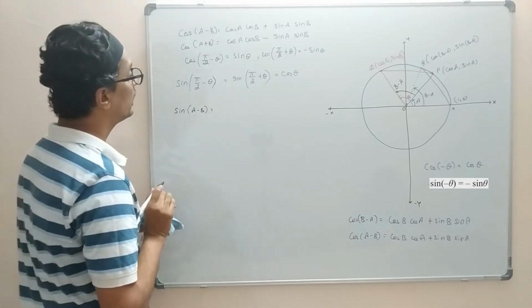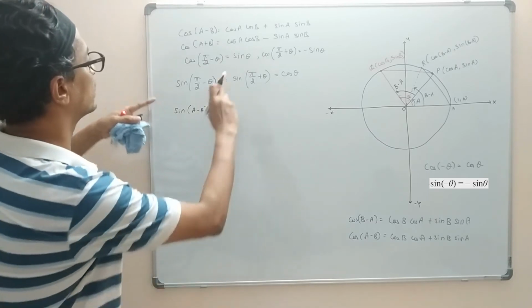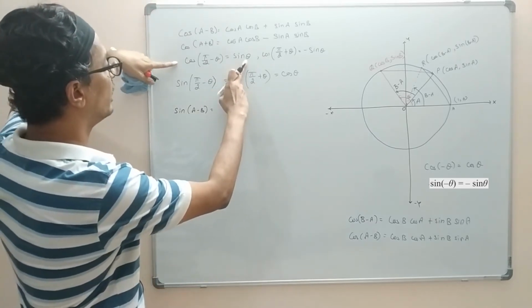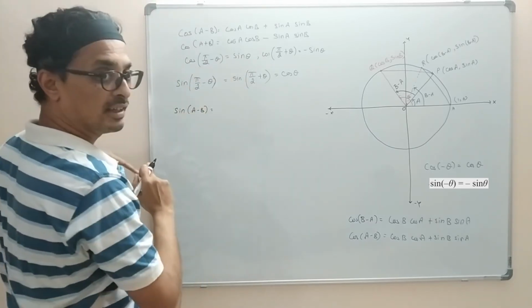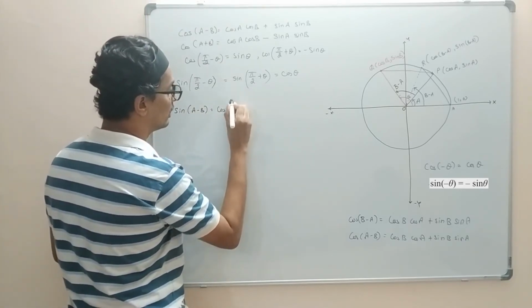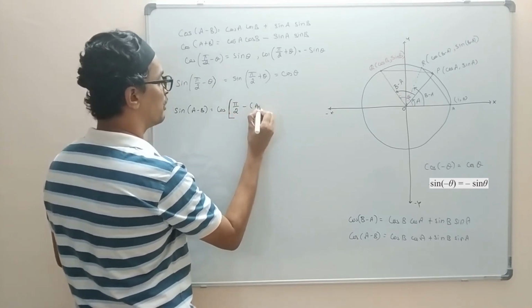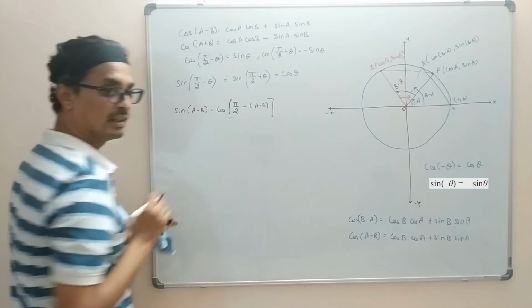Okay? So then if I want to write sin(A minus B), I can use this relation, right? Sin theta equals cos(pi by 2 minus theta). So this I can write as cos(pi by 2 minus A minus B). Correct?